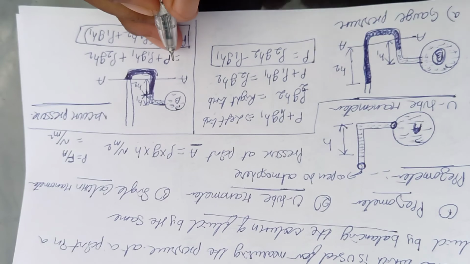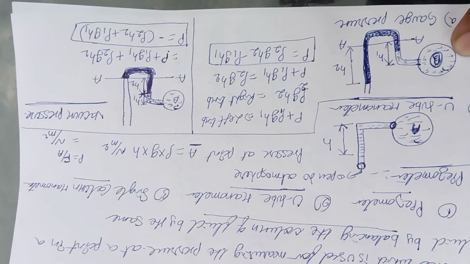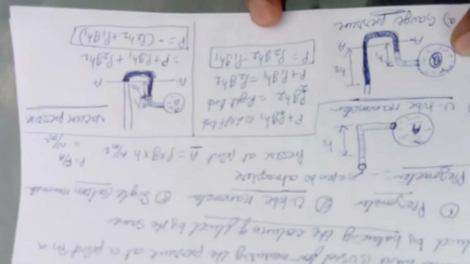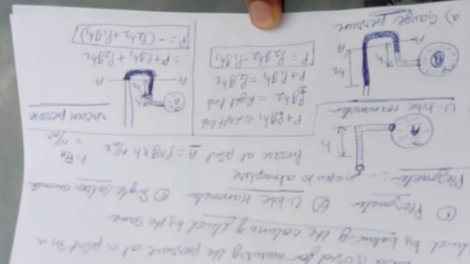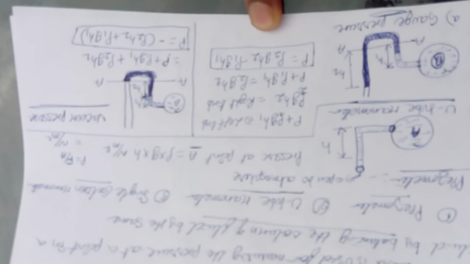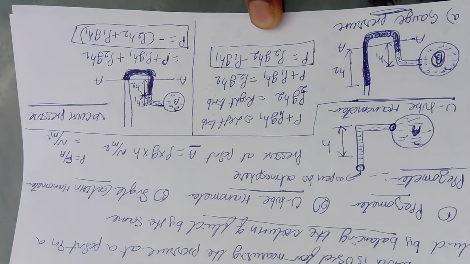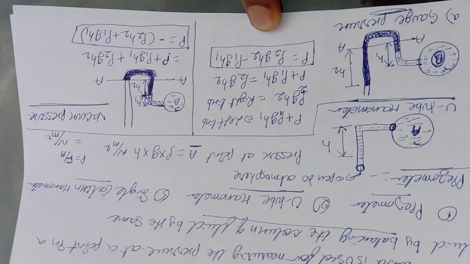Remember both cases, vacuum pressure and gauge pressure. And remember that when they do not mention whether it is gauge pressure or vacuum pressure, by default follow gauge pressure.